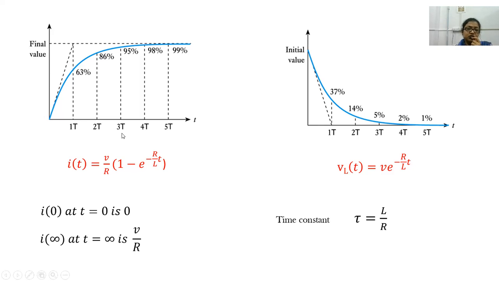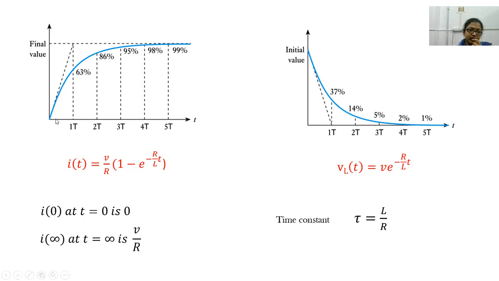Now 1 tau, 2 tau, all represent the time constant. At one time constant, the current reaches 63.2% of the final value. Then we can consider 2 tau, 3 tau, and so on up to 5 tau. When we reach 4 tau or 5 tau, we can say we reach the steady state condition.